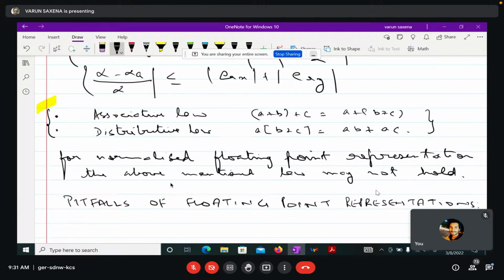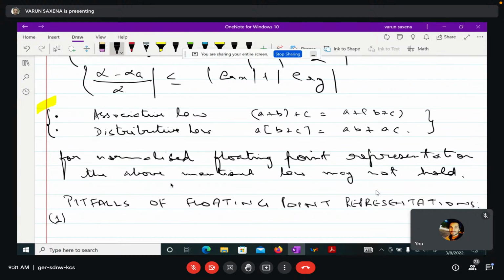So the first thing is that something like this may not hold. For example, often we say, like even when we were doing error propagation, I said that multiplication is nothing but repetitive addition.